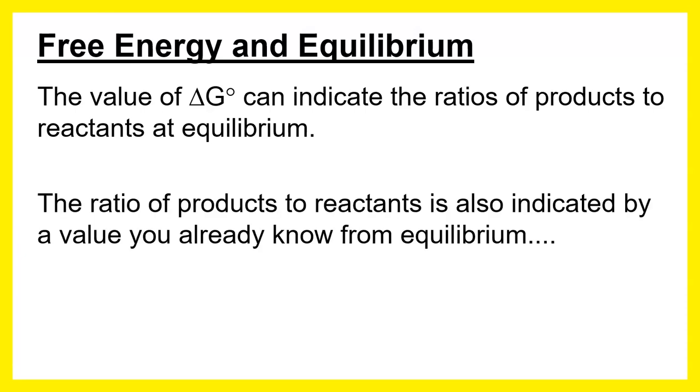Well, you already learned something that gives you an indication of the ratio of products to reactants. Our K value. K equals products over reactants, right? So that means that there is some connection between delta G and K. That means there is some connection between thermodynamics and equilibrium. That is powerful.